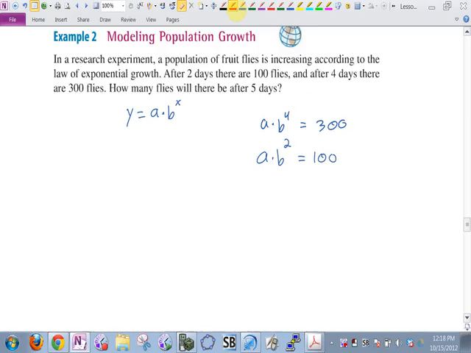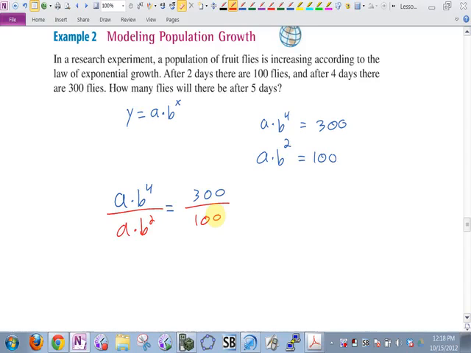So I'm going to take this equation here, and divide the left side, a times b to the fourth, by a times b to the second, which means I have to divide the right side by the same thing, which is 100. Because isn't a times b to the second and 100 equal to each other? Yes. That's what that second equation is telling me.